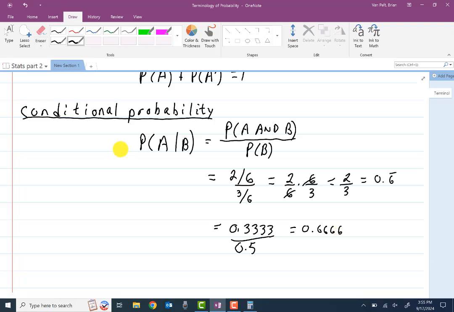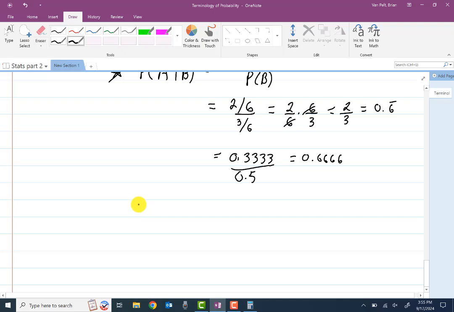So this is the formula for conditional probability right here. And what it is, let me write the definition of it. This is the outcomes where B has already occurred.